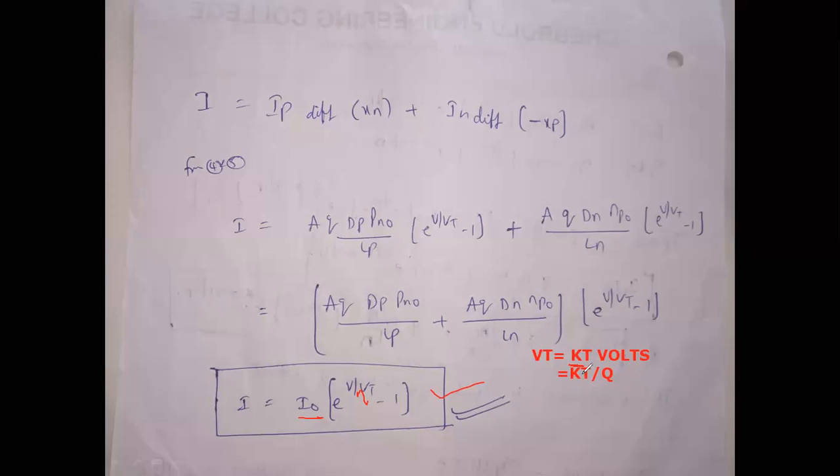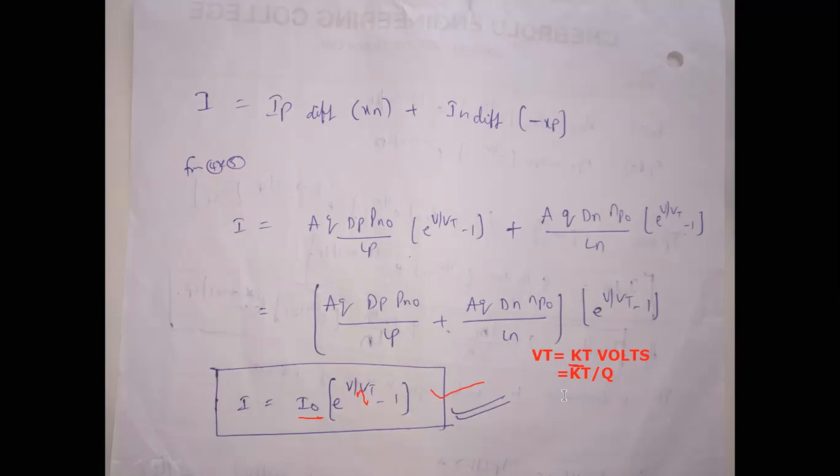I think its value is 1.38 into 10 power minus 23 joules per degree Kelvin. So it is also written as k bar T by Q, meaning k bar equals k into Q, such that k equals k bar by Q.